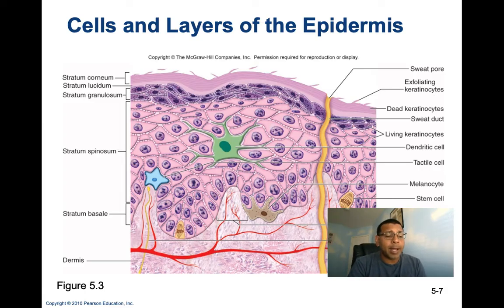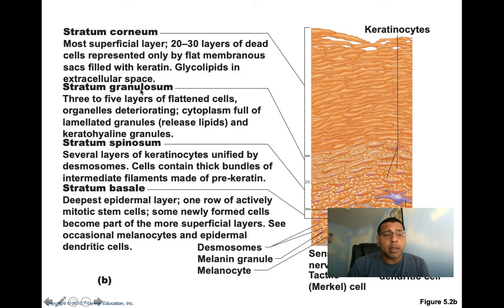Now, when we talk stratum granulosum, it is anywhere from 3 to 6 cell layers thick. The cells you're going to find here are keratinocytes. Now, when we talk keratinocytes, you can see here, these cells' organelles are going to be deteriorating, as we saw.